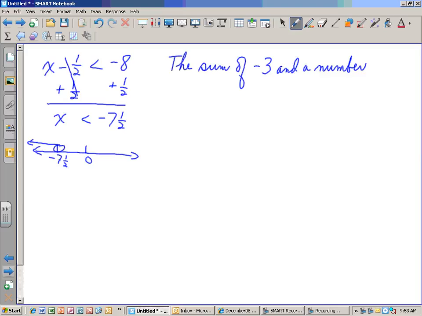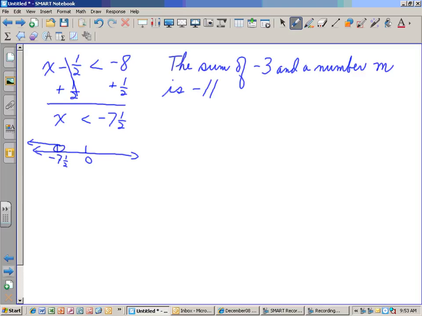The sum of -3 and a number, let's say m, is -11.